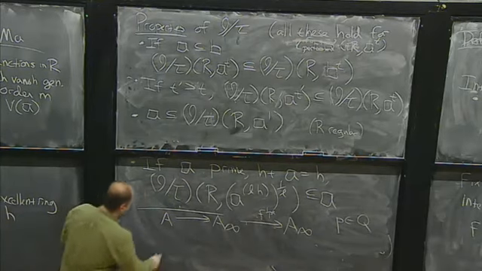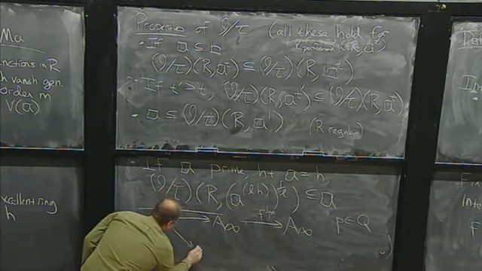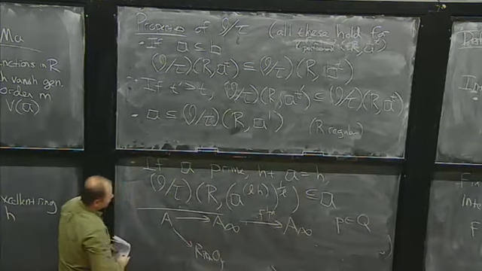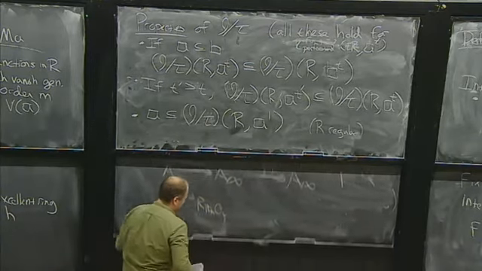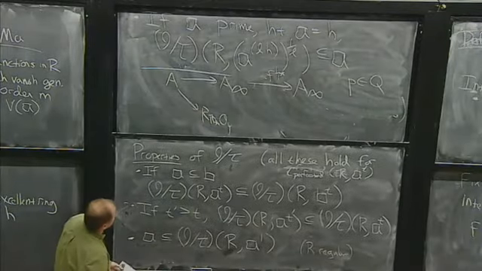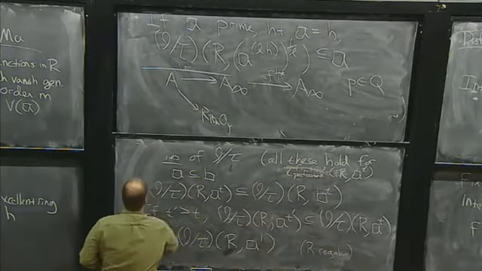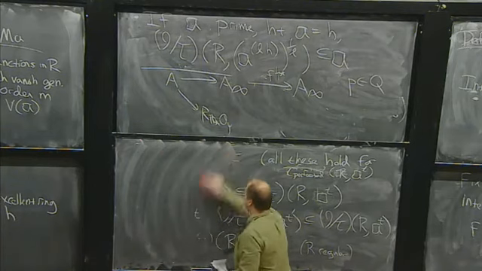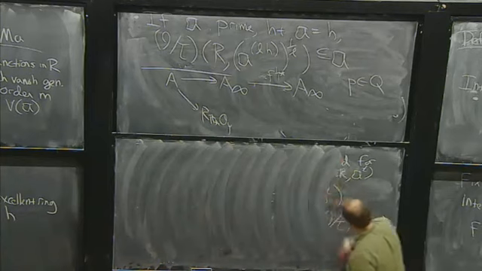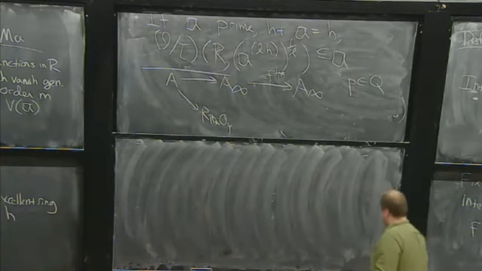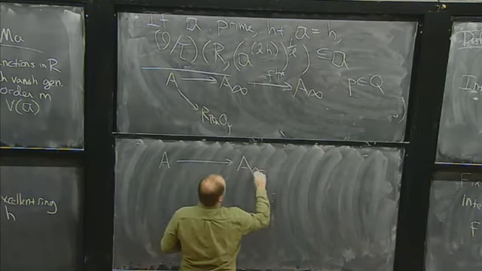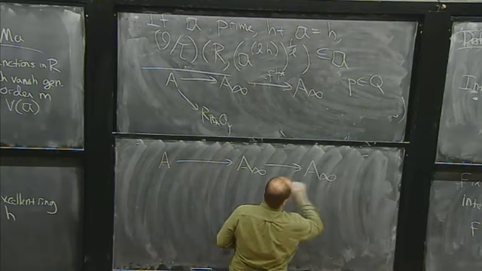Okay, so what I'm going to do is take the normalized blowup. Maybe I should put this in a bigger space. I'm going to take the normalized blowup of Q, which makes perfect sense in A. So I have A going to A infinity, going to A infinity.